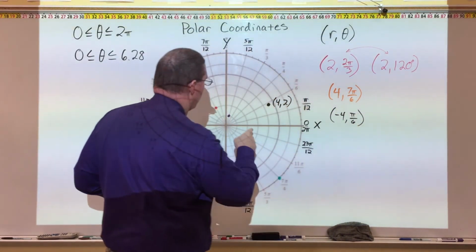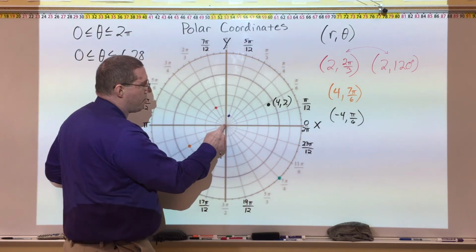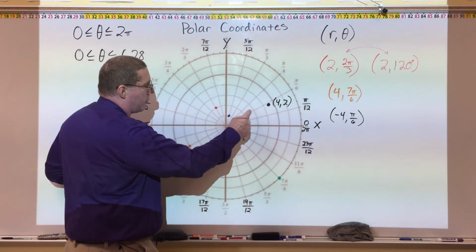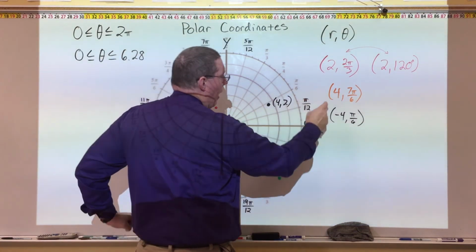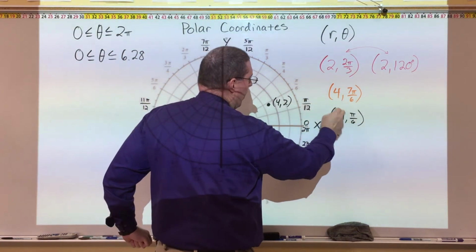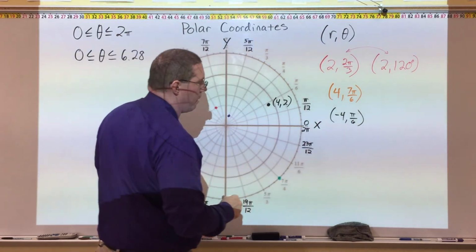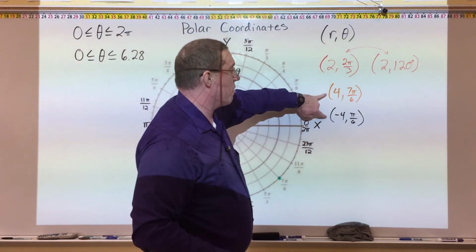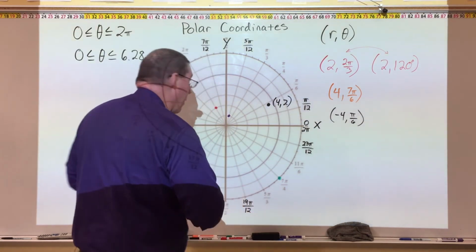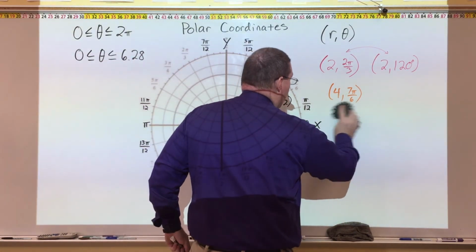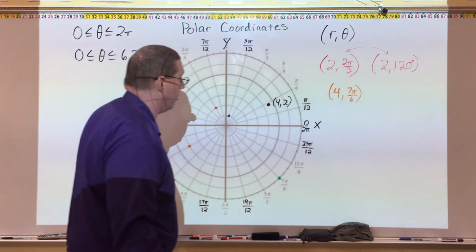That's where you do the angle of pi over 6, but instead of going +4 in that direction, you go -4 in the opposite direction. So these two, where you have a -4 radius and a theta angle of pi over 6, are actually the same point on the polar plane. Okay? But we're not going to do that in this class. I just wanted to give you that as a little aside.